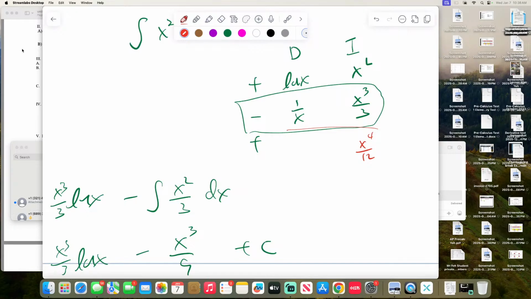Oh, you integrate this part this time? Okay, so I'm gonna write down x squared, plus minus plus. Oh, sorry, the ln of x. You're right, 1 over x, and this one's x squared.